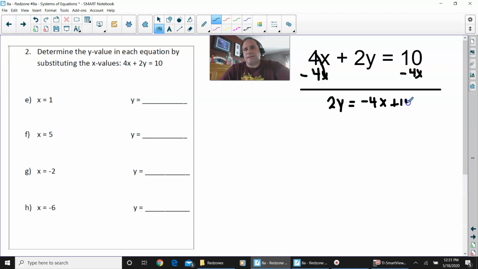Once I get up to this point, I have one more step, and then y is alone. This positive 2y needs to be split up. Right now it's attached by multiplication, and you always use inverse operations to break up multiplication, and the inverse operation to multiplication is division.